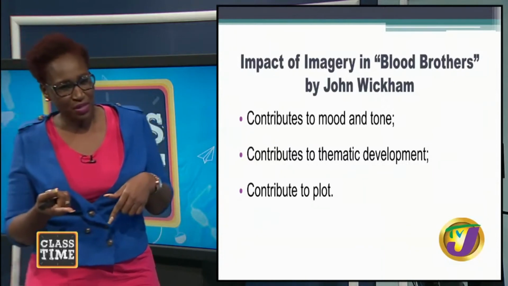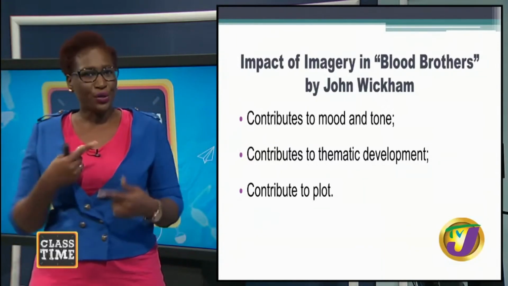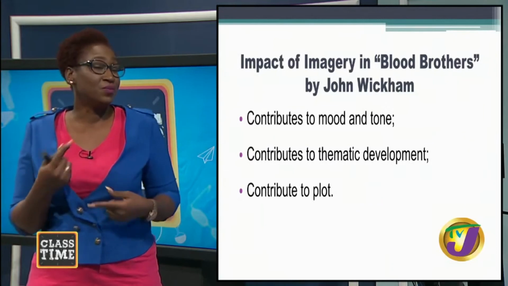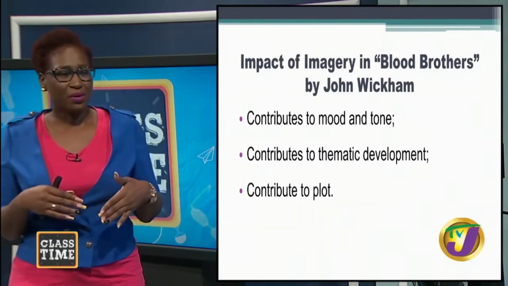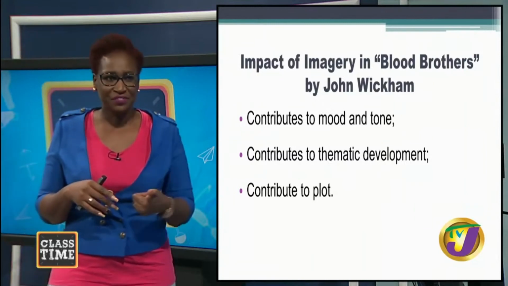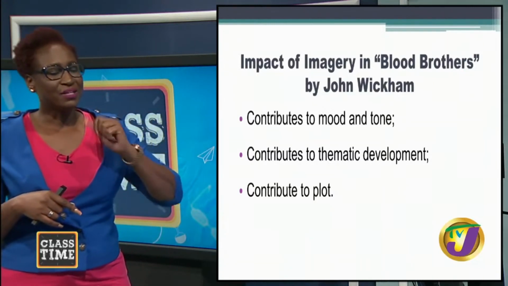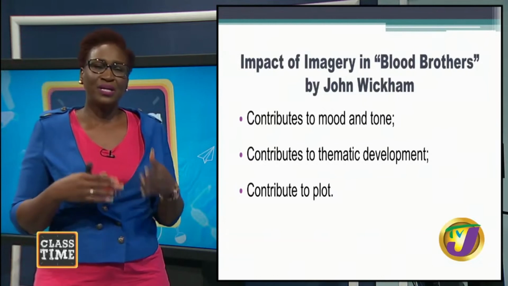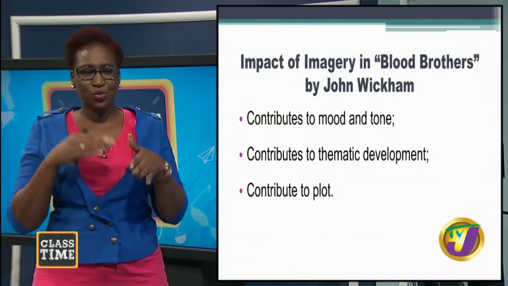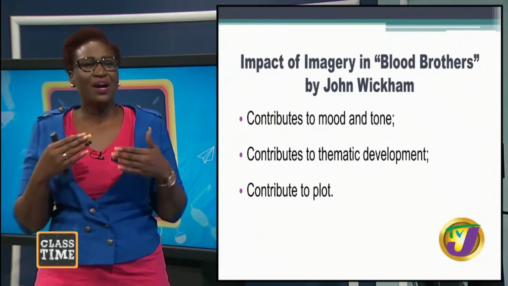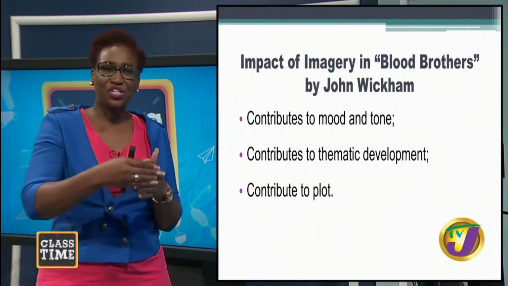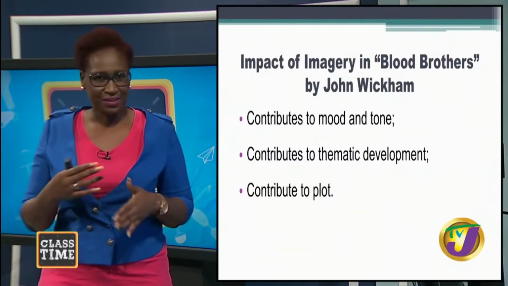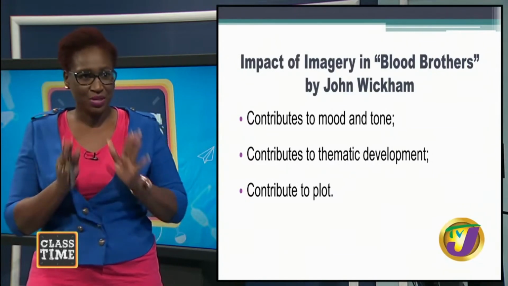So it contributes to plot as well, because we learn now why it is that he feels the way he does about his brother, unfortunately. So remember, when you're looking at narrative technique, when you're looking at figurative language, when you're looking at anything to do with the tone, the mood, and all of that, you have to think of how they impact on each other. So you're not looking at them in isolation, all right? So keep that in mind.